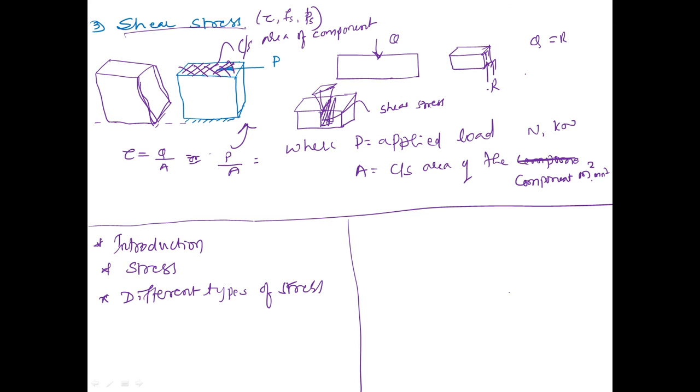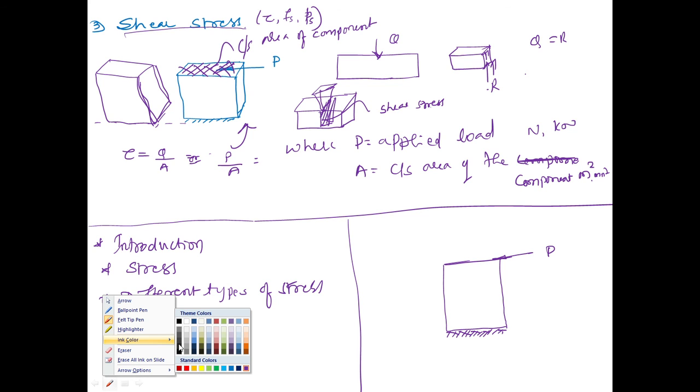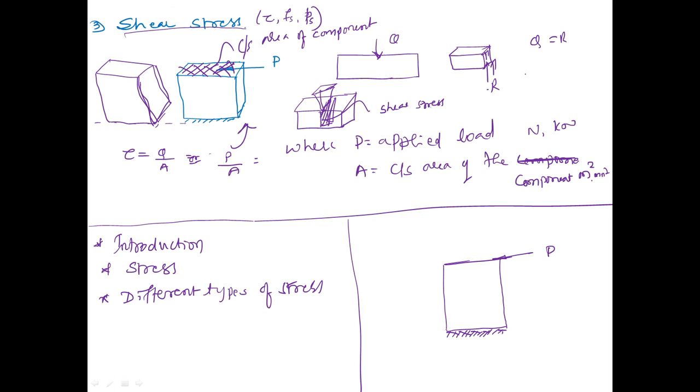If you consider only one plane object here, a two-dimension object, and I apply the load over here and fix this bottom portion, it is going to give this new shape.